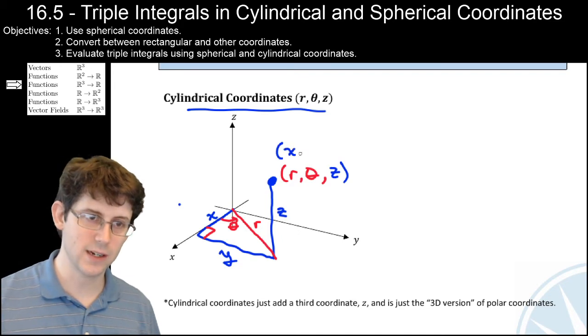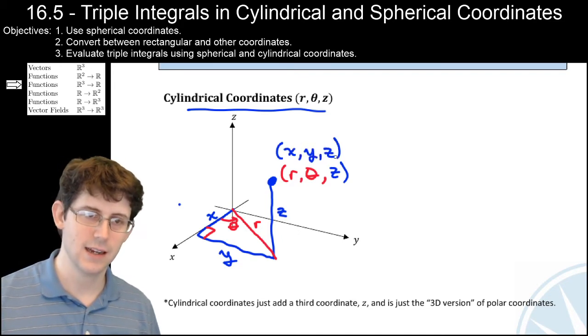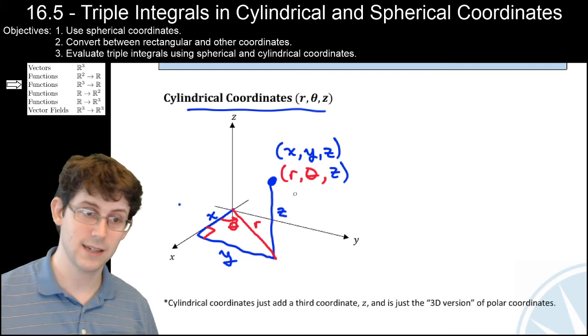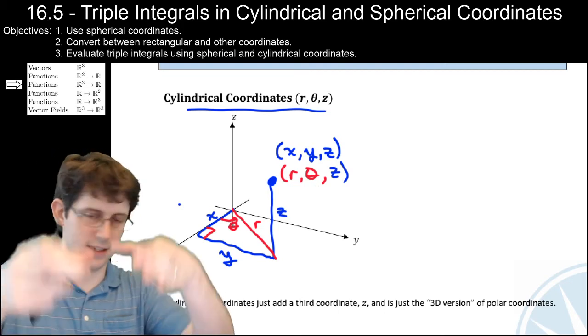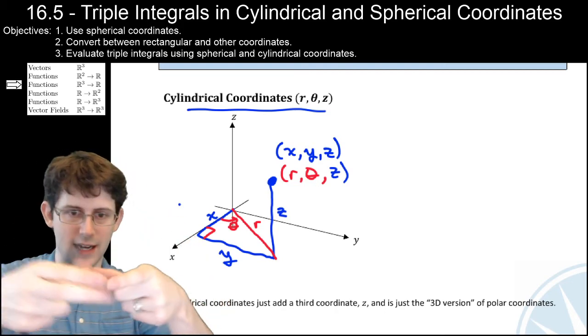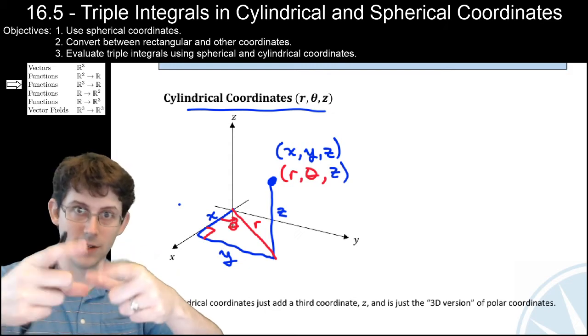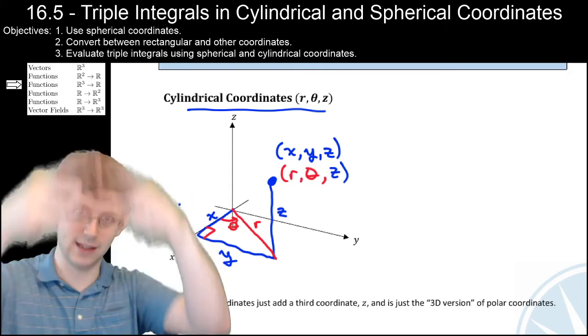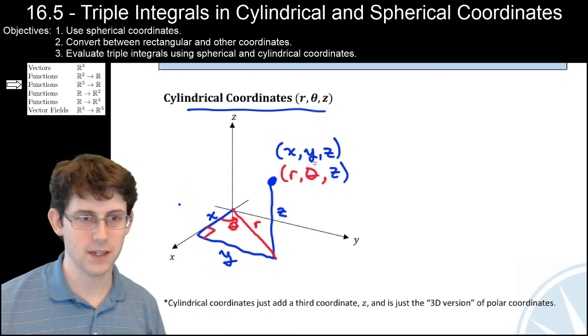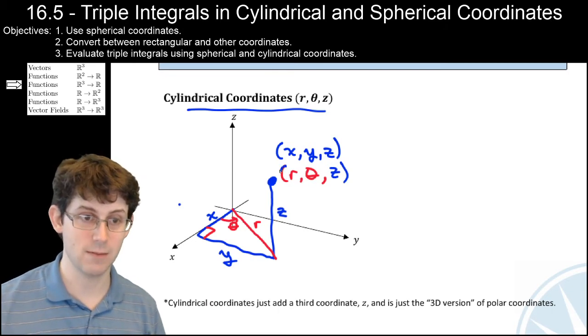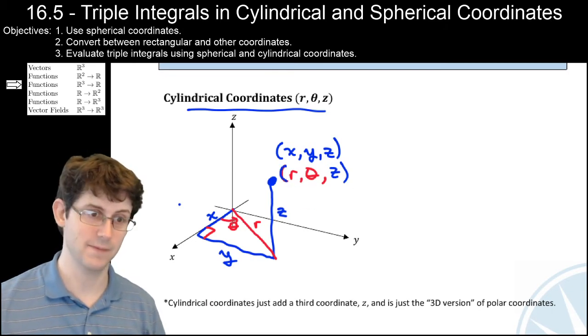Then you call the point r, theta, z. In rectangular coordinates, it would be called x, y, z. And in cylindrical coordinates, called cylindrical because a circular cylinder is round in the xy plane and straight in the z axis, the exact same point is called r, theta, z.